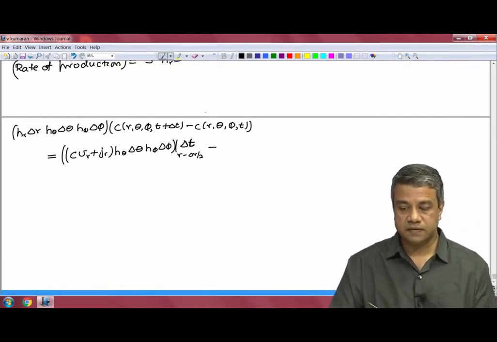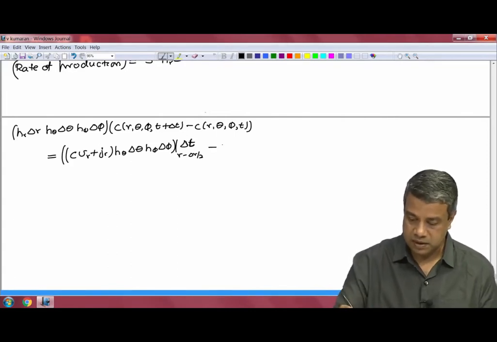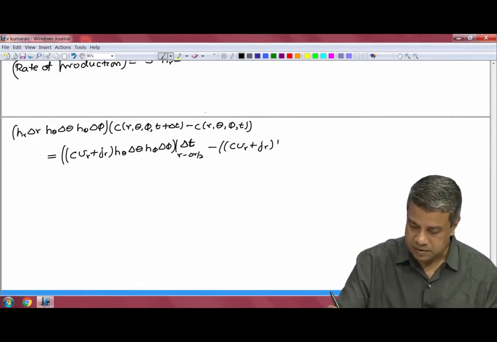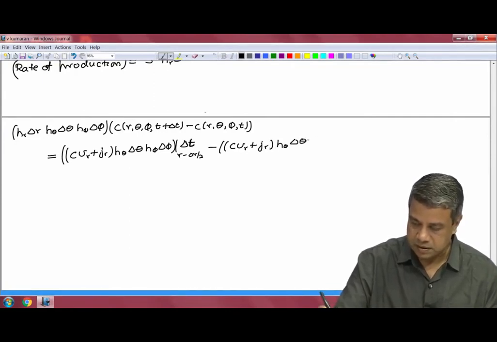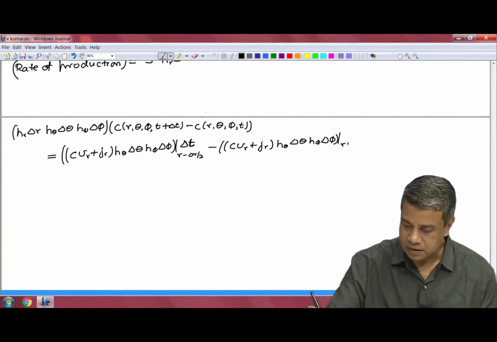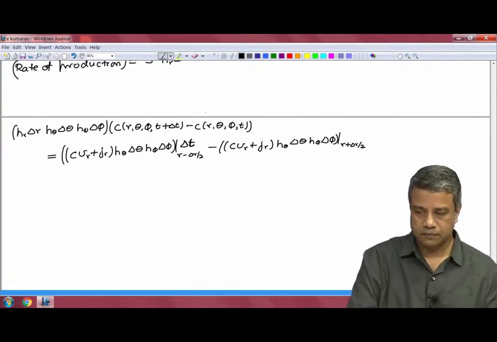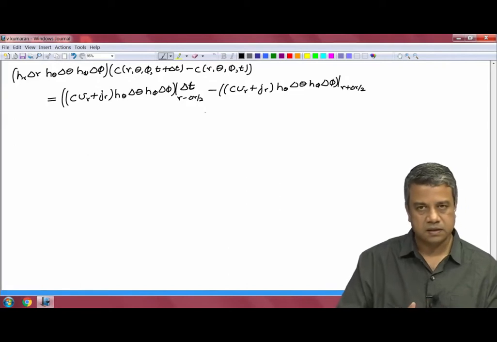Mass out at the surface at r plus delta r by 2 is equal to C Vr plus Jr times h theta delta theta h phi delta phi at r plus delta r by 2. That is in the r direction.